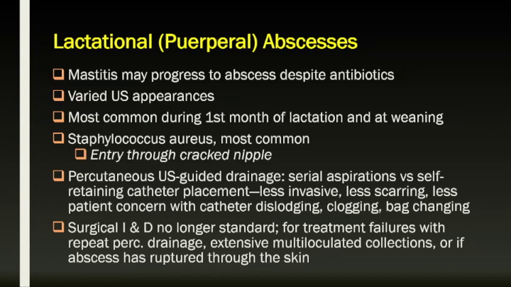Catheters were very popular after a report came out from Scandinavia about using them for abscesses that were greater than 3 centimeters in diameter, which is actually not a very large abscess collection, but they are losing favor in most breast centers.